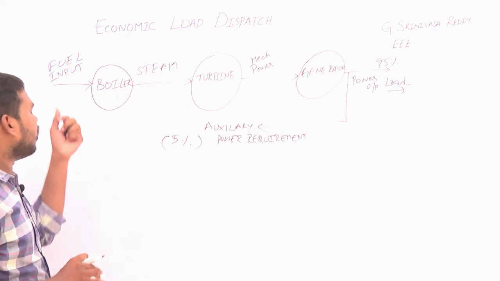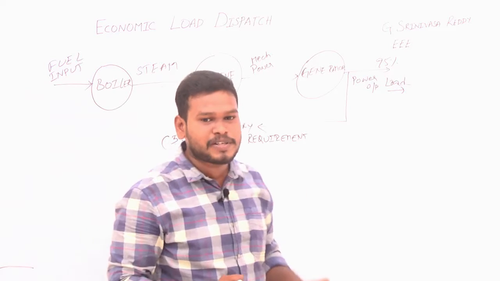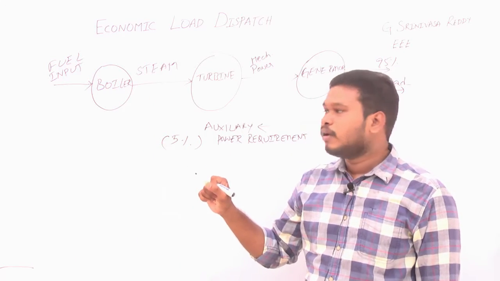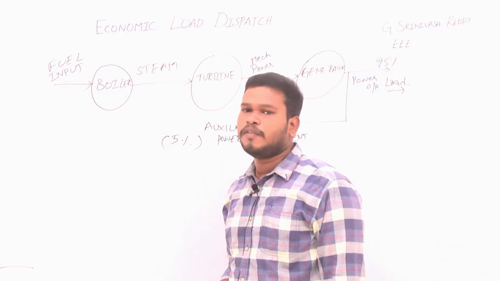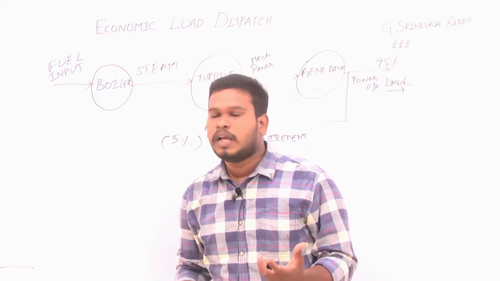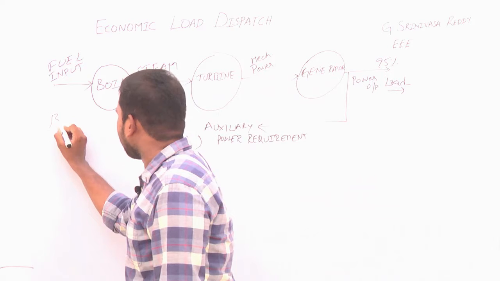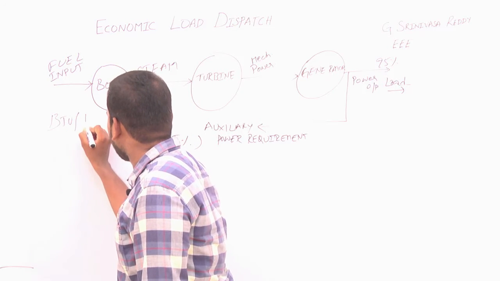But in terms of fuel, here what is the fuel input to a thermal power station? The fuel input is coal, right? Whether if you are talking in terms of amount of heat input given to a boiler, right? Then we will be talking it as BTU per hour.